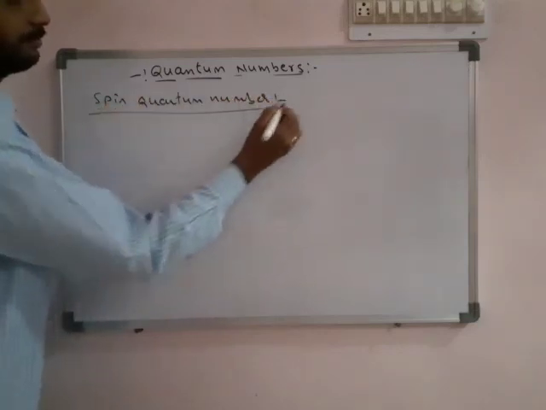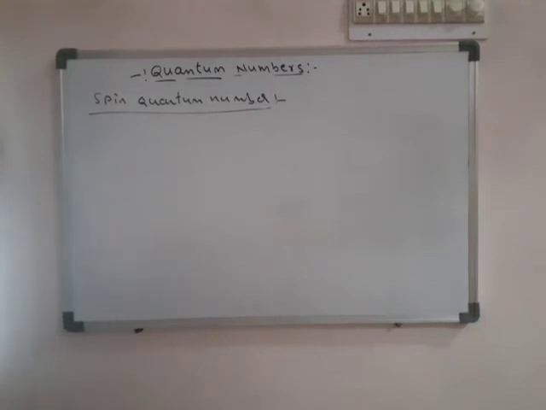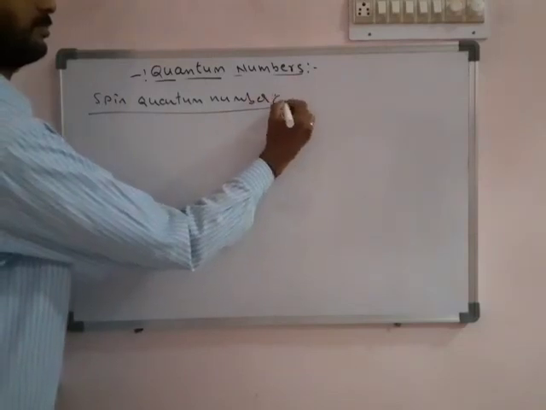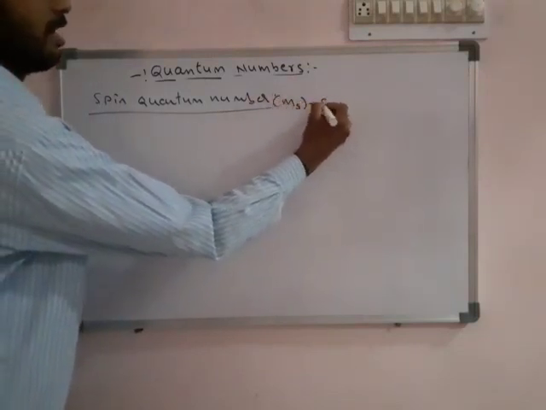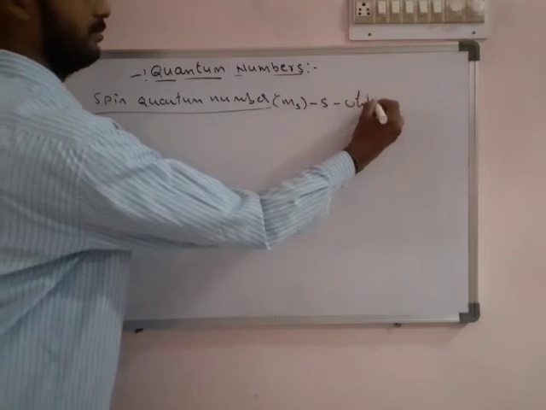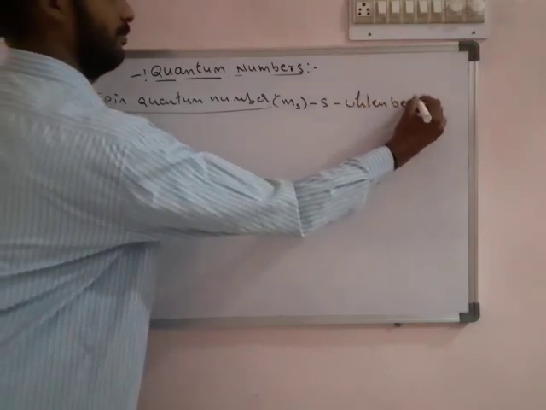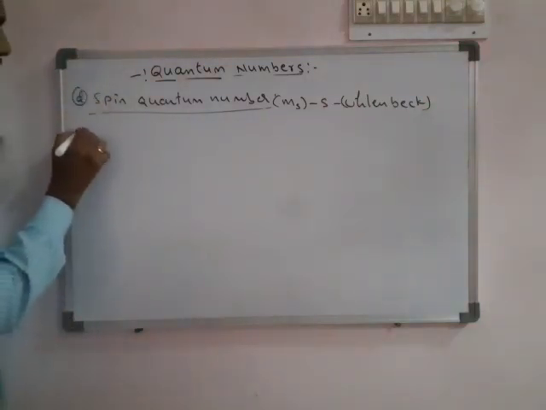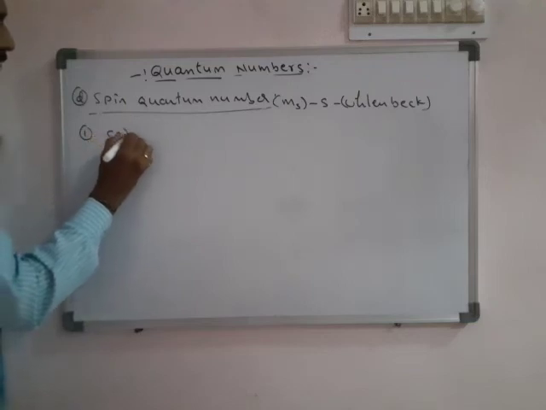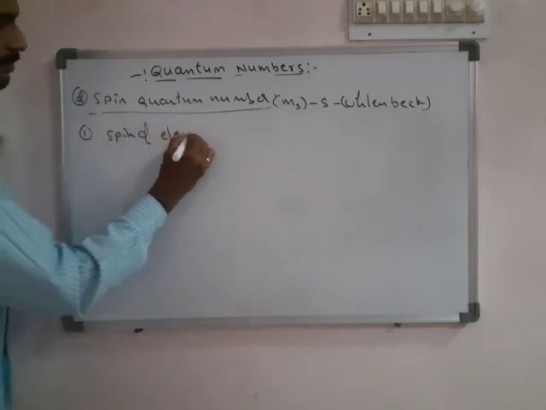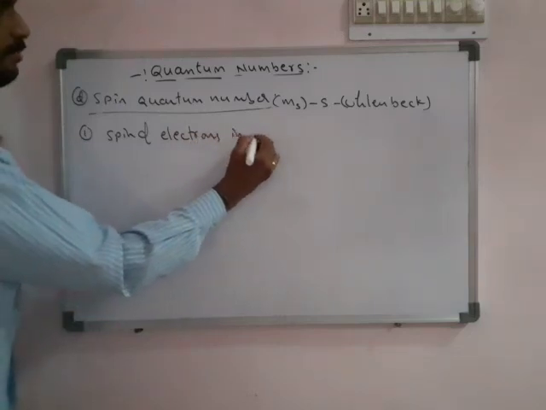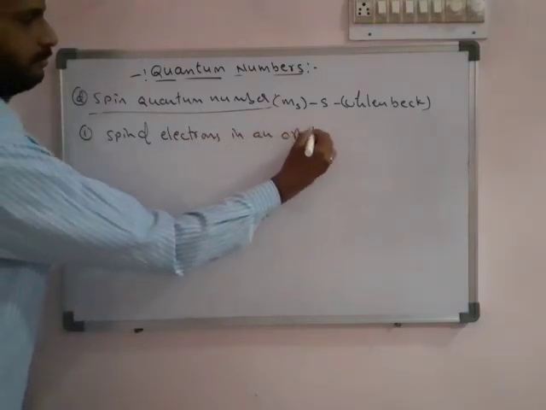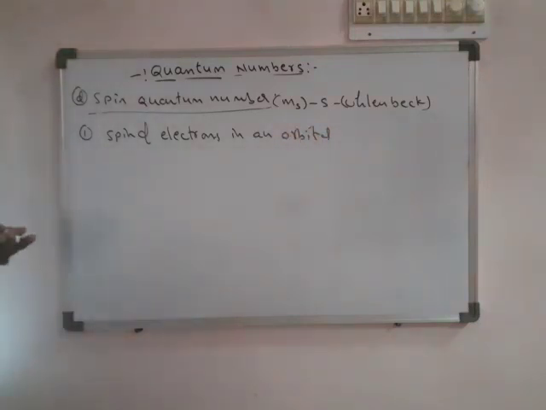The spin quantum number, indicated with ms or s, was given by Lindbergh. It tells about the spin of electrons in an orbital.